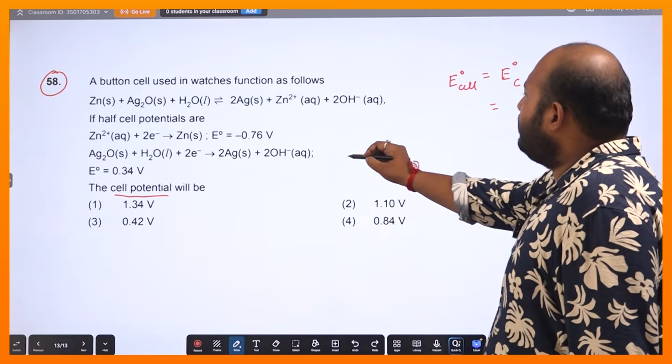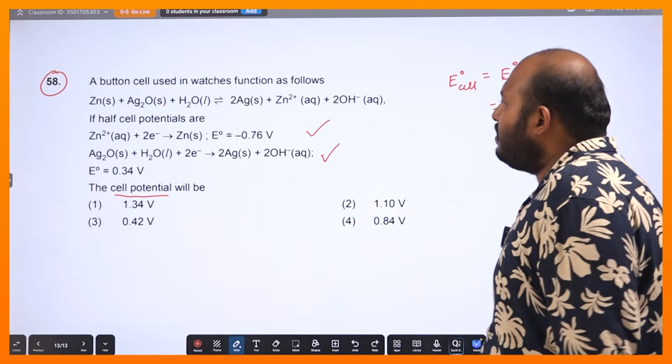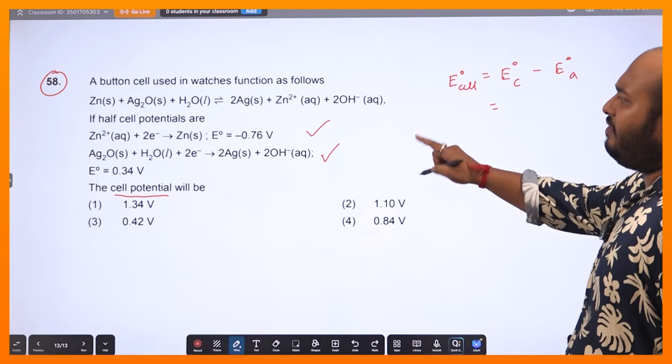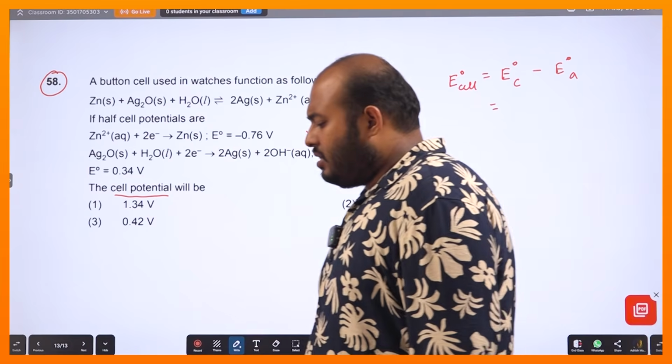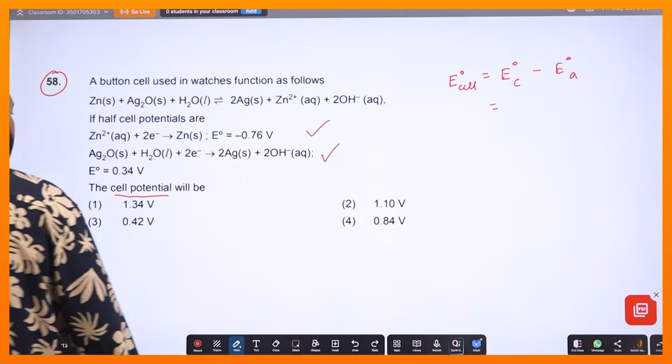You have to check which half cell reaction is the cathode and which is acting as the anode.